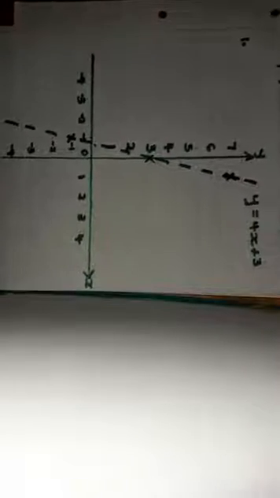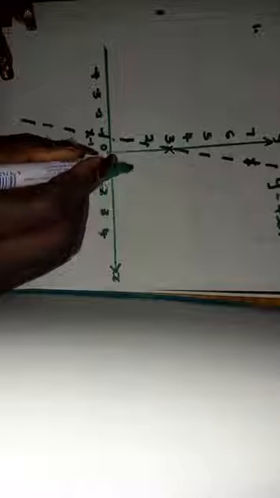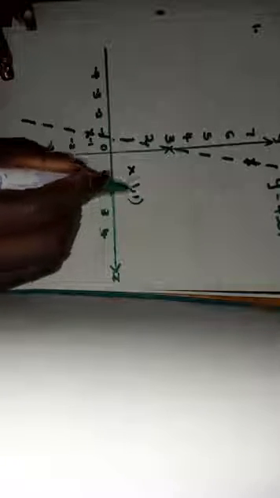We can shade because we have the graph. You choose a point on either side of the line, and make sure you choose small values. Myself, I'm going to choose 1, 1. This is coordinate 1, 1, and it doesn't lie on the line.